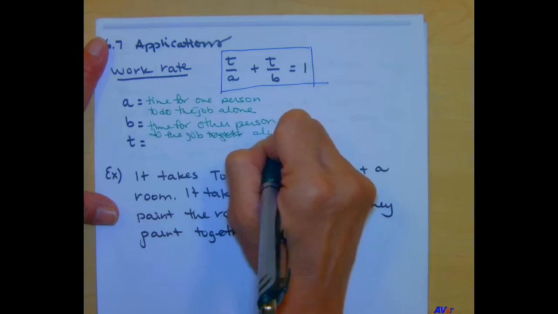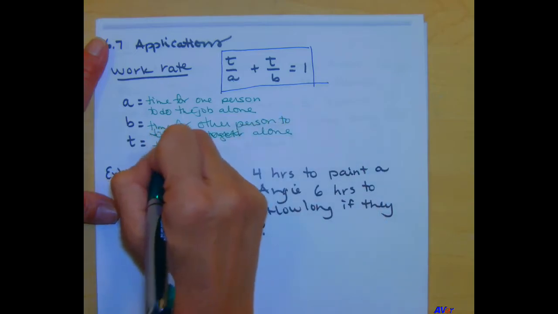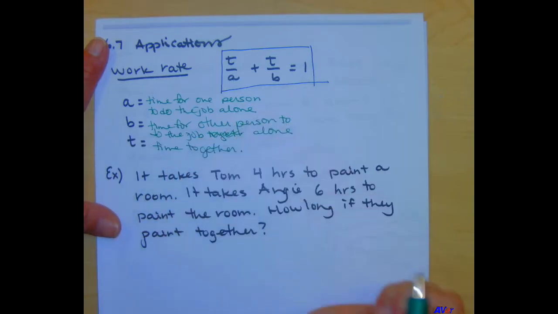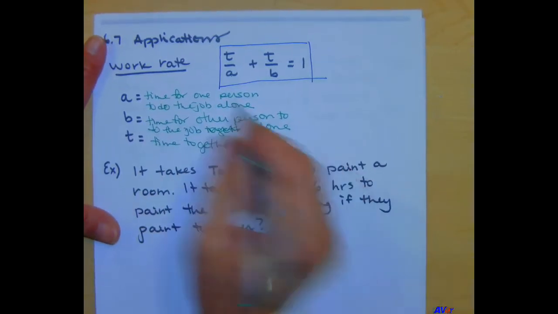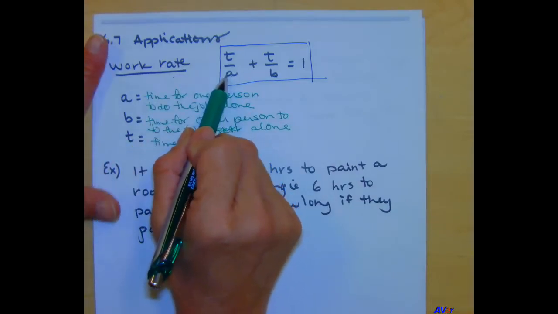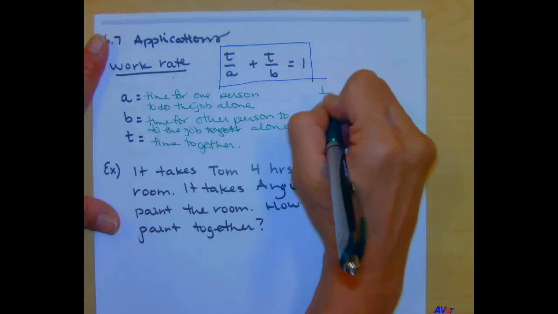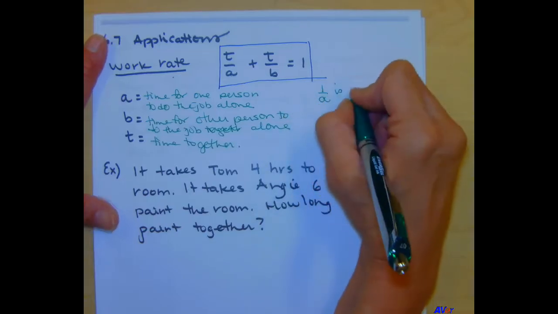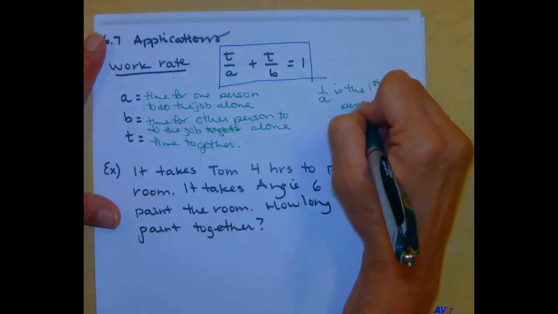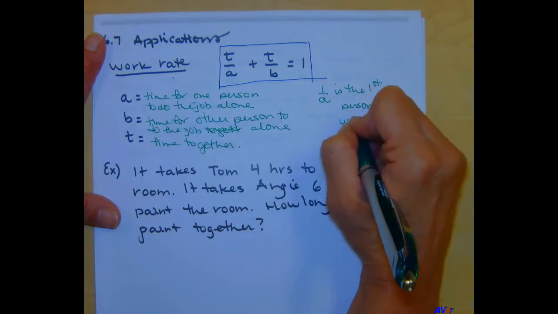T is the time together. And so we talk about work rate. That's because the first person's rate is 1 over A. So 1 over A is the first person's work rate.